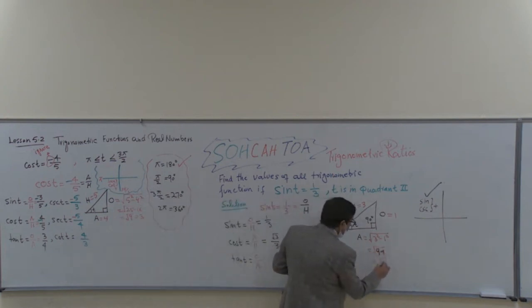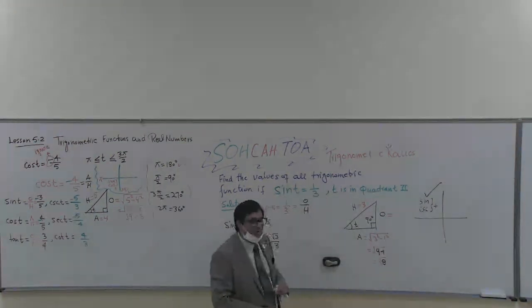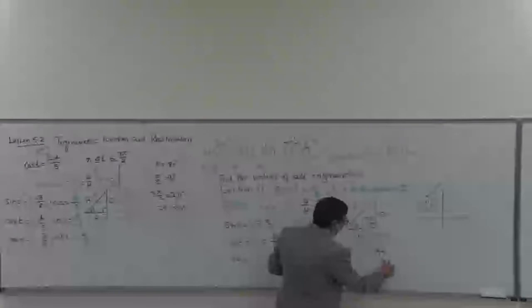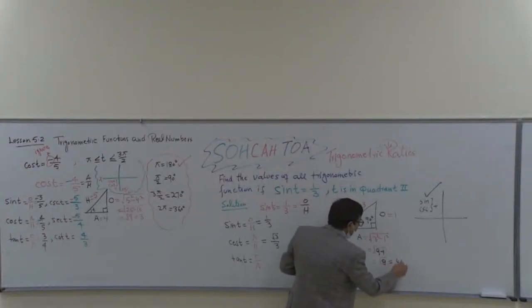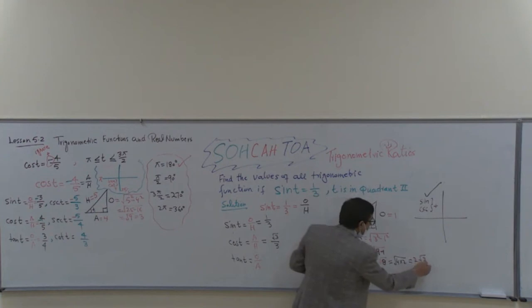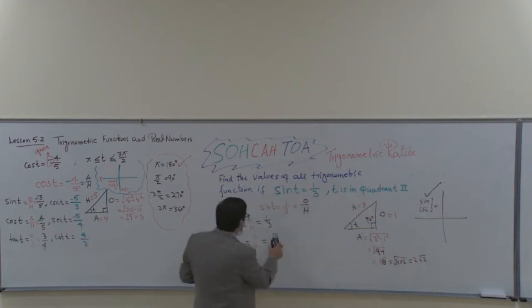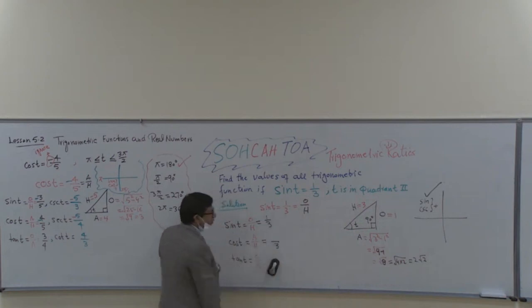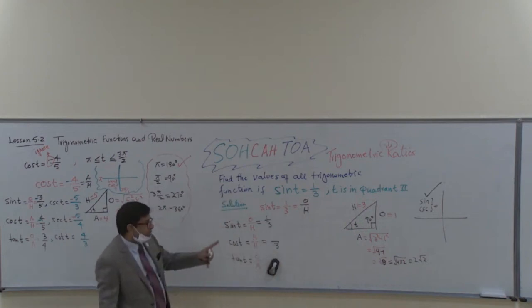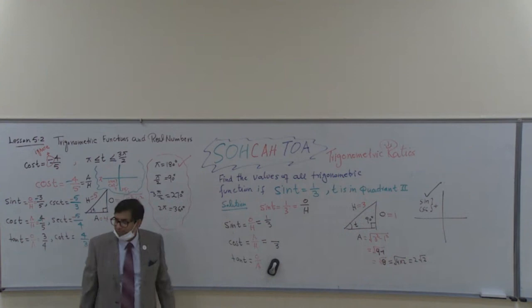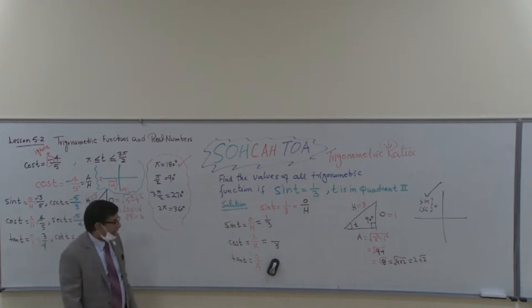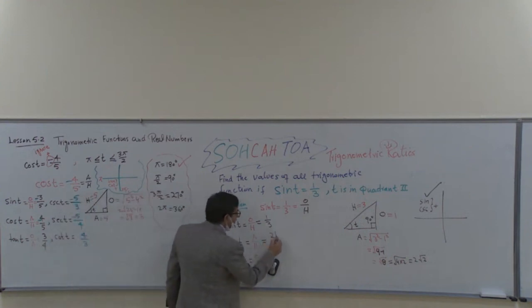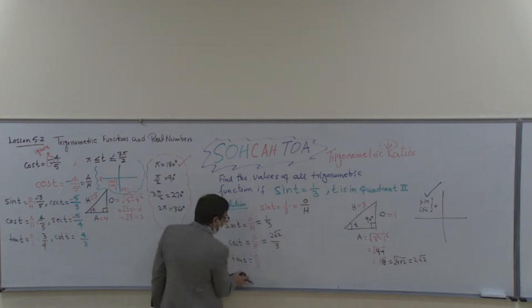This is 9 minus 1, please correct it. Happy? Okay, how to write this 8? You can simplify: this is 4 times 2, equal to 2 radical 2, you know. So this way we can find out the value of A. A is 2 radical 2. So we can put this value here, 2 radical 2, without sign.